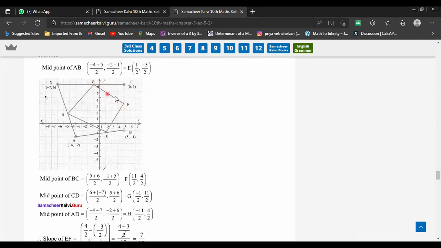The lines GF and EH, these 2 lines are parallel to each other. So the slope of GF must be equal to slope of HE. Similarly, the line GH and the line FE are parallel to each other. So their slopes must be equal.